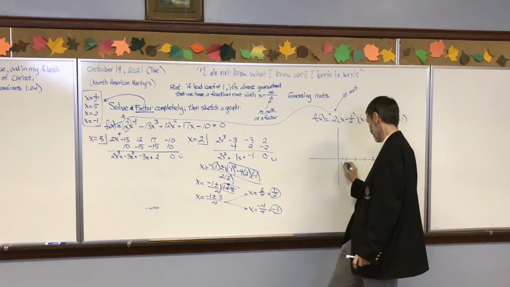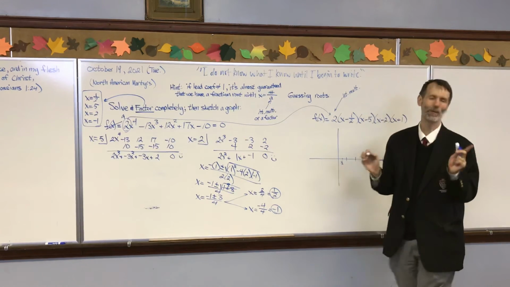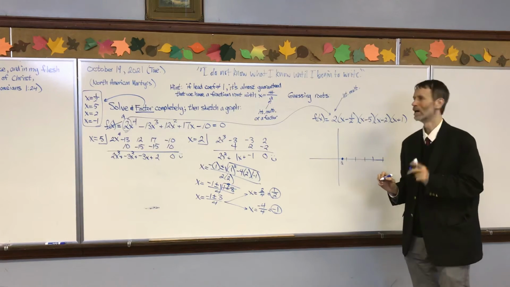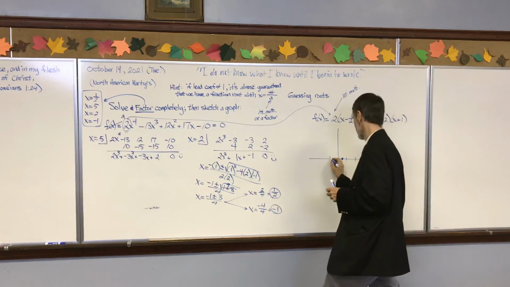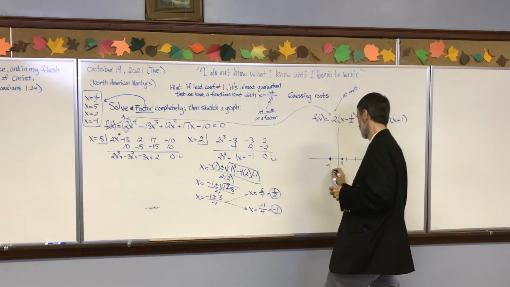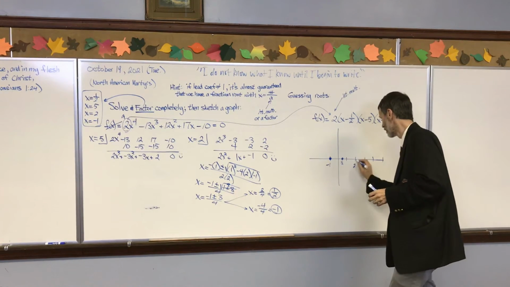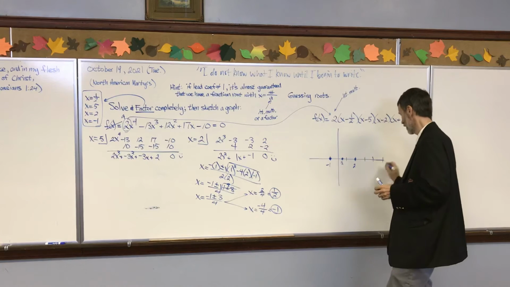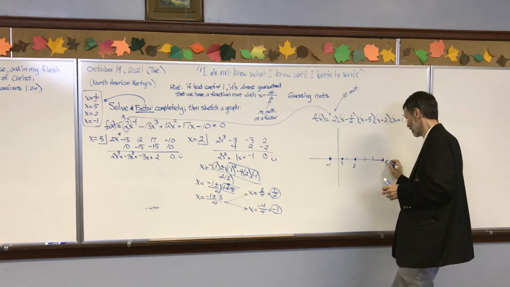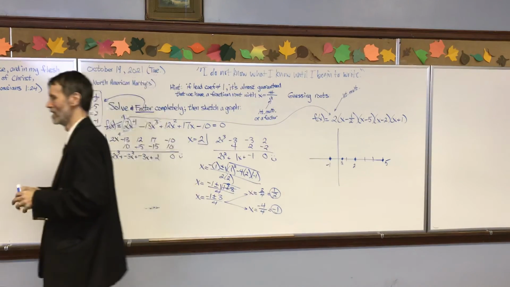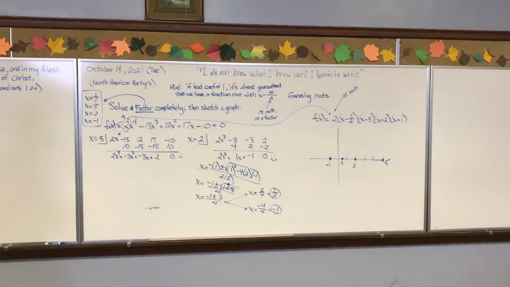And then I'll do a half here. By the way, if it's not a whole number, please label it. Negative 1. Okay, that looks good. I'm going to label them all, just to be safe. 2 and 5. Can somebody tell me anything else about this thing? Josh, what basic shape is this thing?